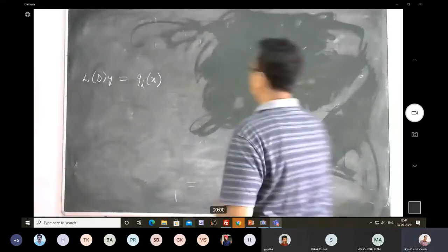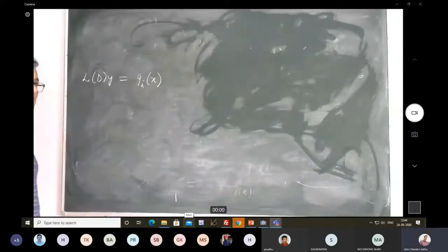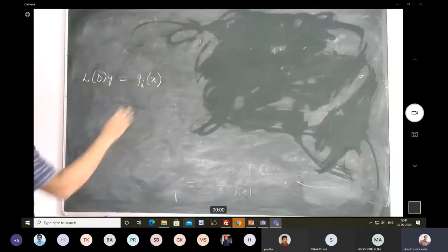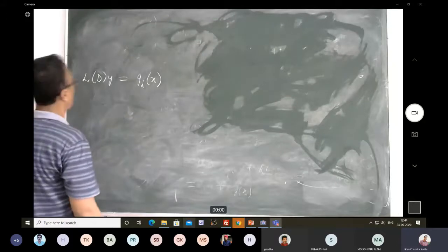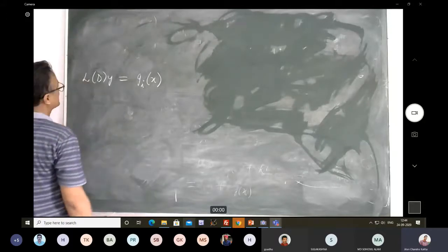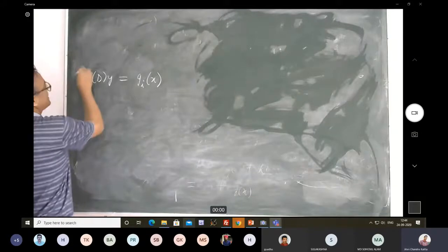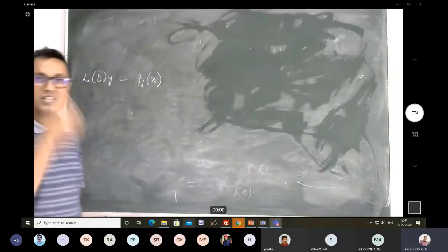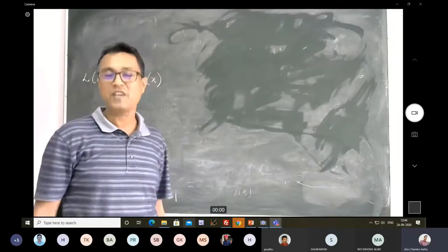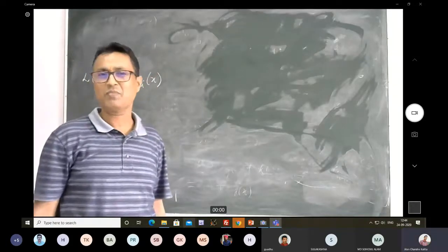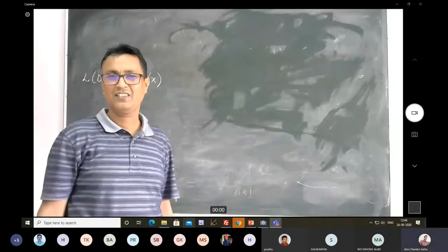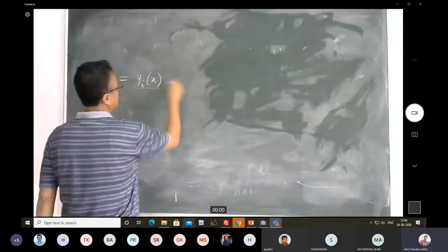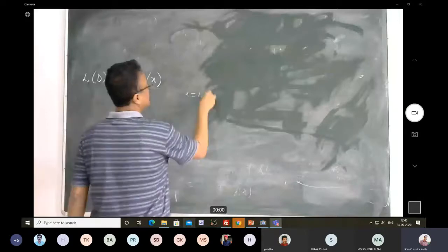Okay, so see, whatever I have said in that exercise, I had three differential equations like this, where the homogeneous part was the same. Is it okay with everybody? In that particular case, i was 1, 2, 3.